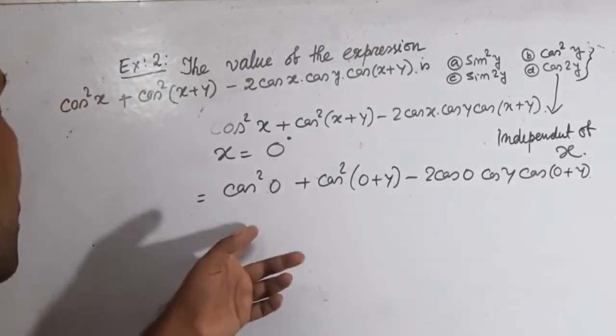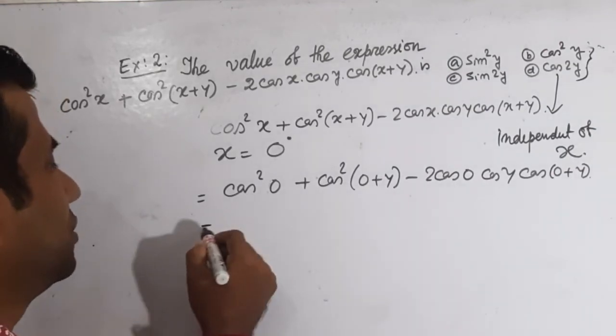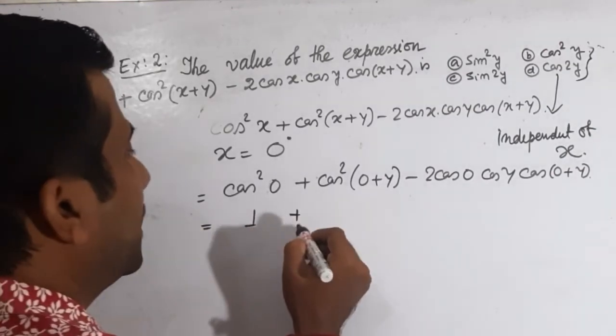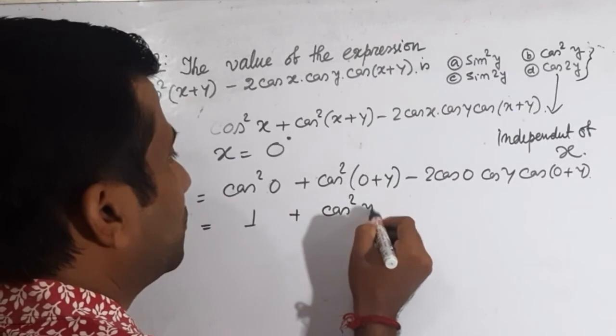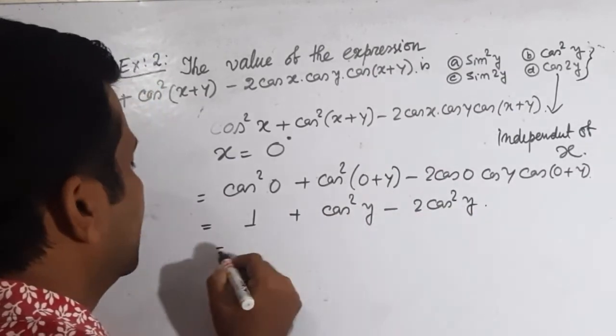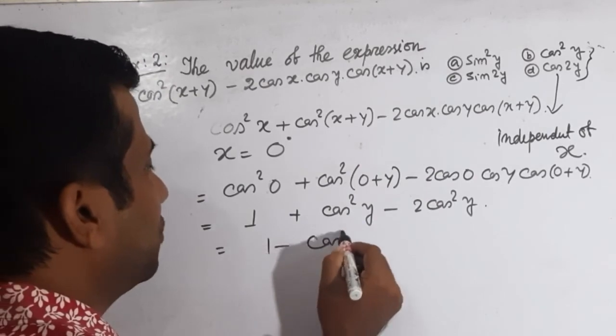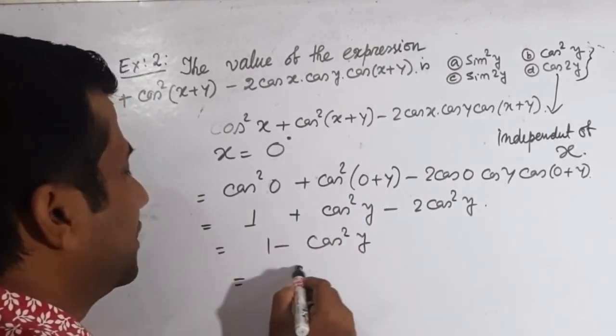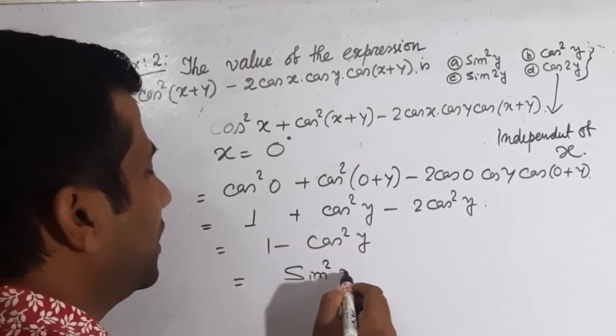Cos 0 means 1, so we get 1 plus cos square y minus 2 cos square y, that means 1 minus cos square y, which is equal to sin square y.